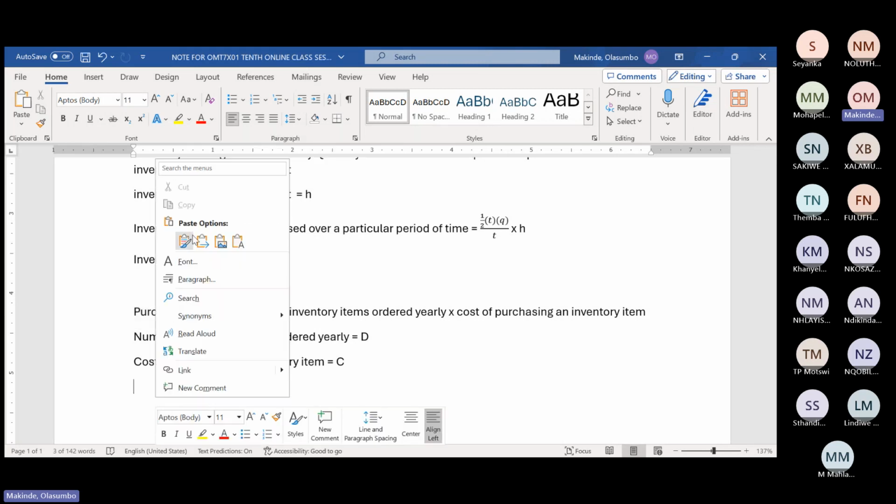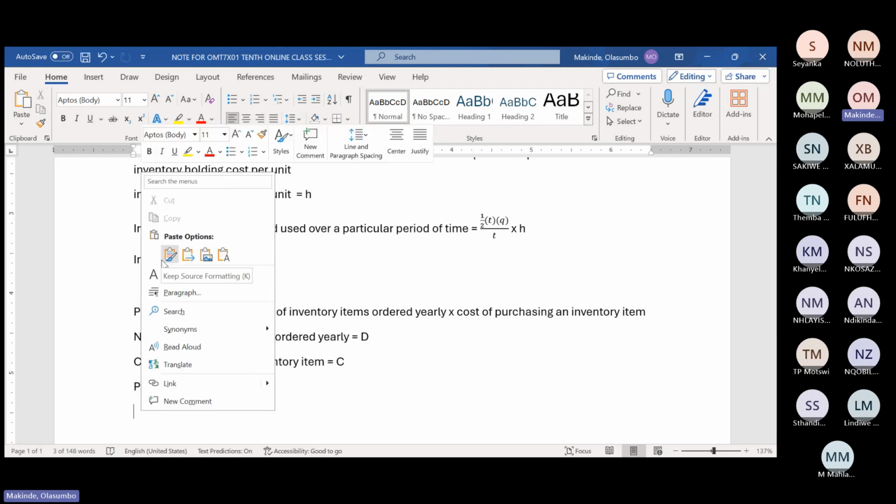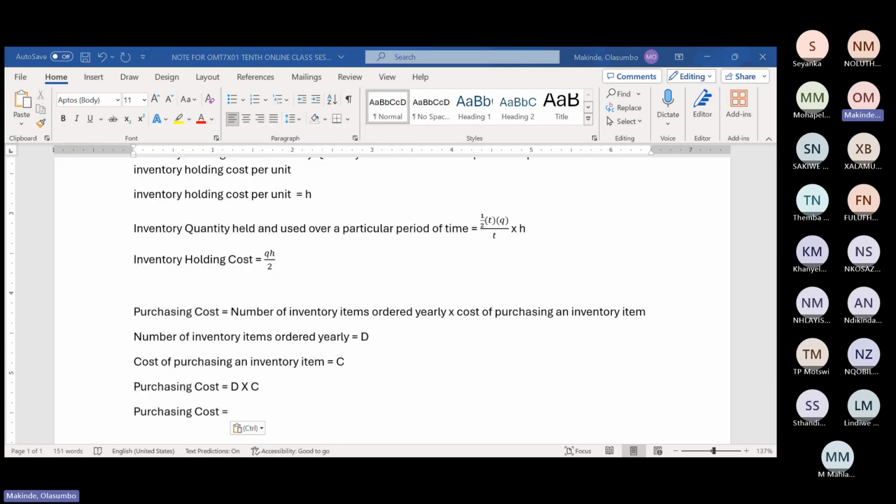That is the mathematical expression for the purchasing cost, D times C, and that is what you are seeing in the notes.